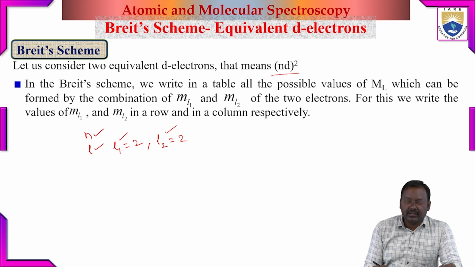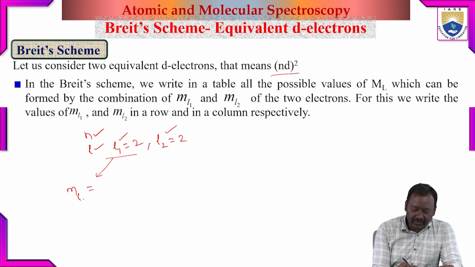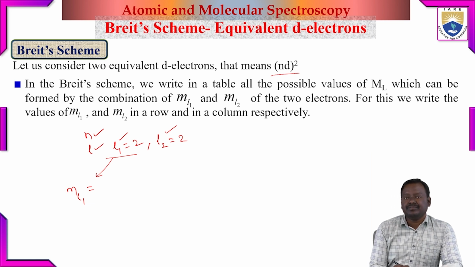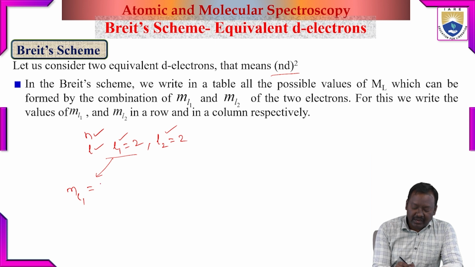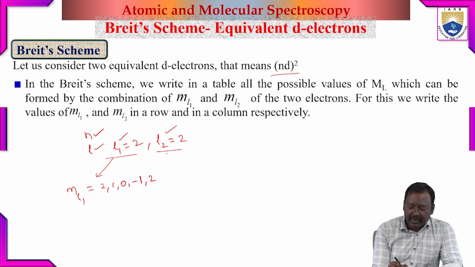Okay, so here the possible ML values for this electron: as L1 is equal to 2, ML1 can be 2, 1, 0, minus 1, minus 2, and L2 is also 2.